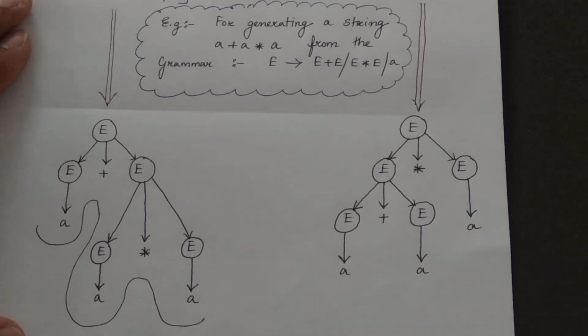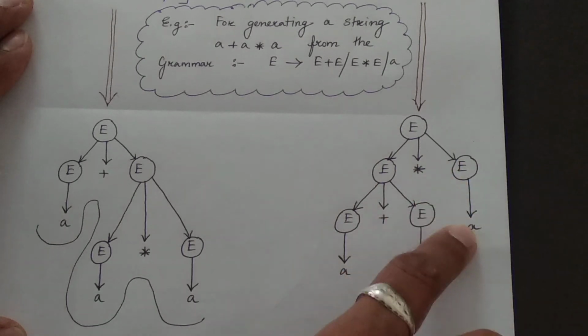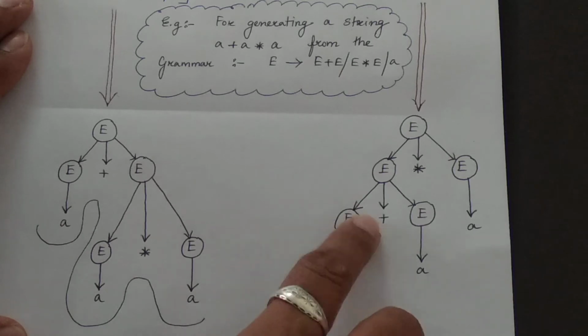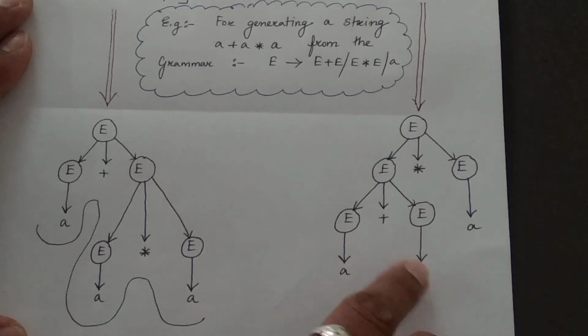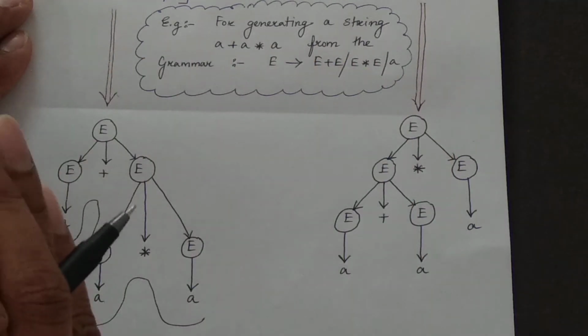Similarly, for the rightmost derivation, I have taken E asterisk E. First I will eliminate this E by a, then I will eliminate this E by E plus E, and in this process I will eliminate E by a and finally E by a, because I am going from the right-hand side to the left-hand side.